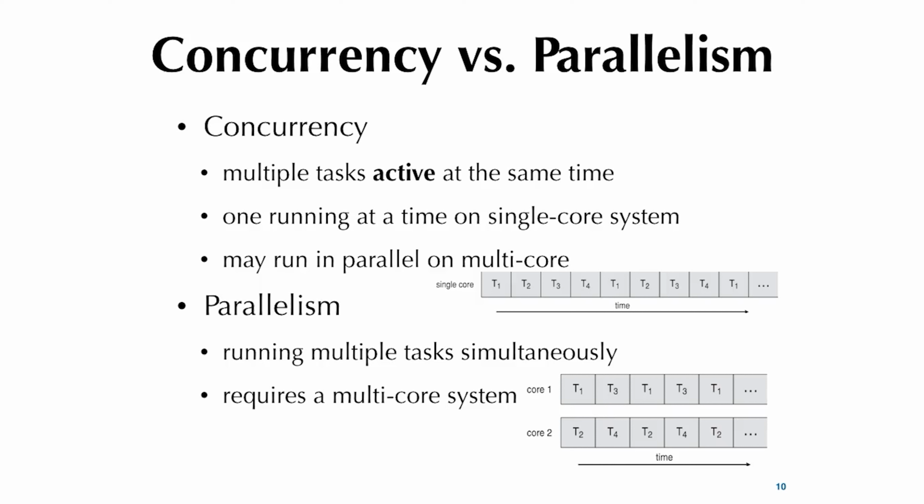If you have multiple execution units, then yes, they could be making progress at the same time. Then that's parallelism, okay? So parallelism refers to multiple simultaneous progress, right? And so you do need multiple workers. Otherwise, you're just switching between them. That's called concurrency.